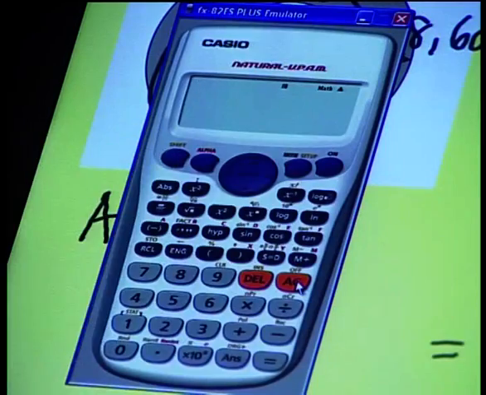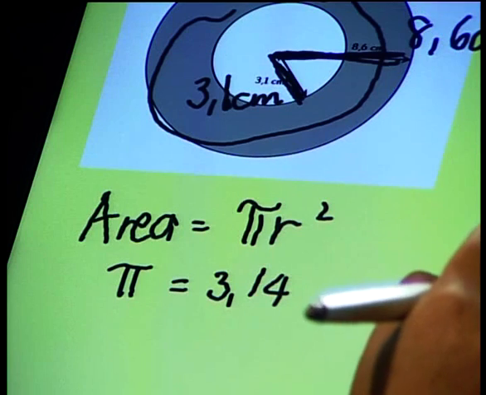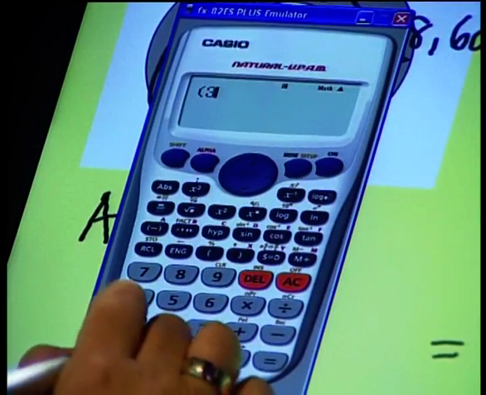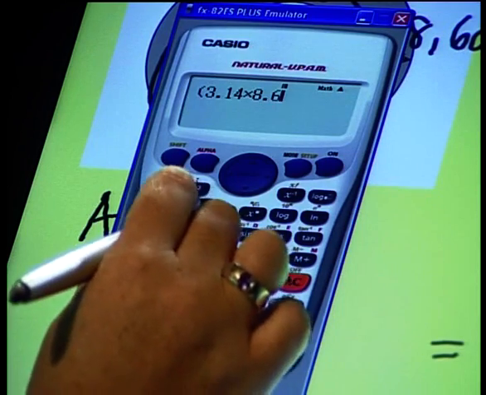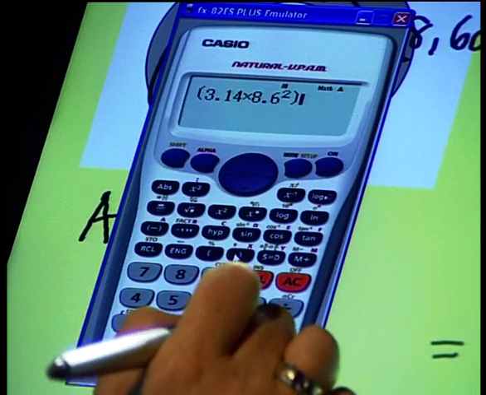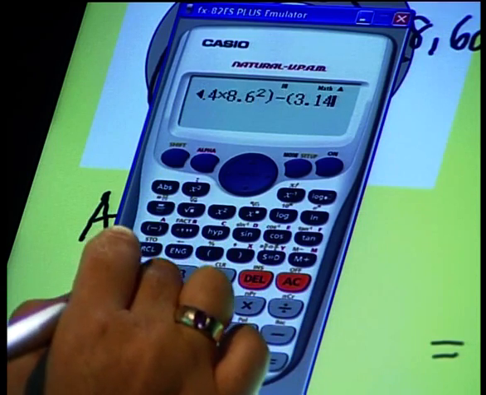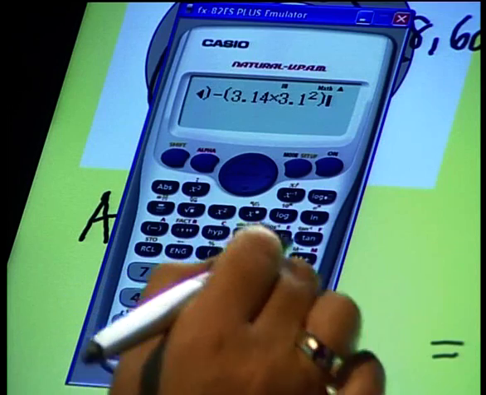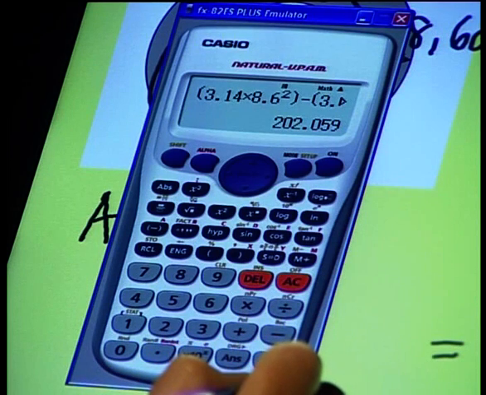So, using the brackets, remember pi in this case is 3.14, so that's what I need to use. 3.14 times 8.6 squared, close my brackets, minus, open brackets, 3.14 times 3.1 squared, close brackets, equals, and my answer is 202.059.